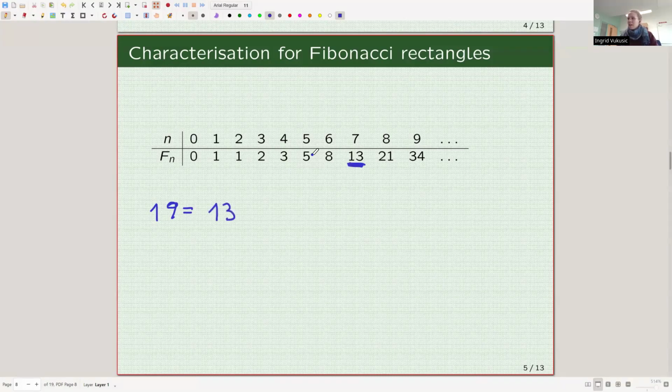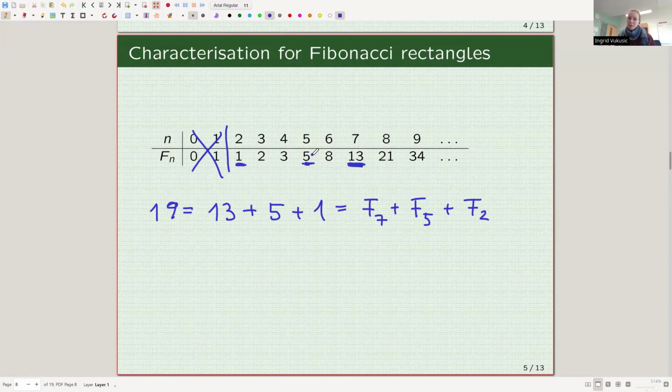It's 13, and then we still need 6 more, so we would take 5 and then 1. And so F7 plus F5 plus F2 would be called the Fibonacci representation of 19. You never need these guys. And if you do the greedy thing, then this representation is unique. As I said, it's called the Fibonacci representation or the Zeckendorf representation.